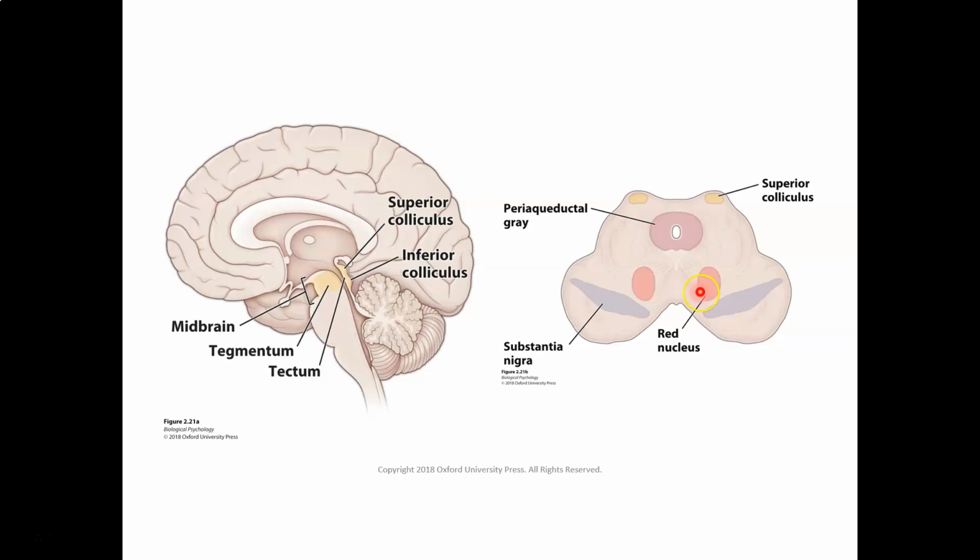We have the red nucleus, which has a slightly reddish color when sliced in dissections. And then we have the substantia nigra, which is actually pigmented black. The word nigra is another word for black. The substantia nigra is pigmented black because of a byproduct of making some of the neurochemicals that it makes. Collectively, this is the tegmentum, and this is the tectum, the top half. But this whole thing is a slice through the midbrain.